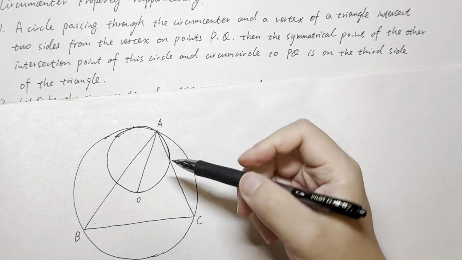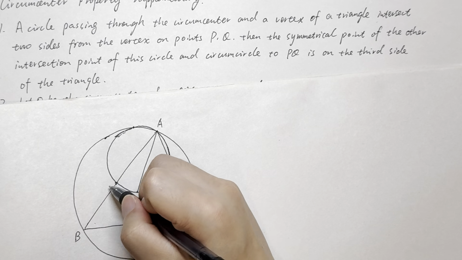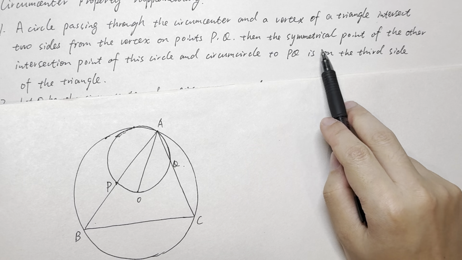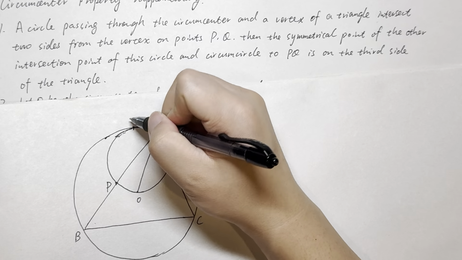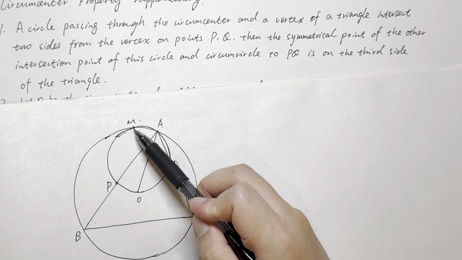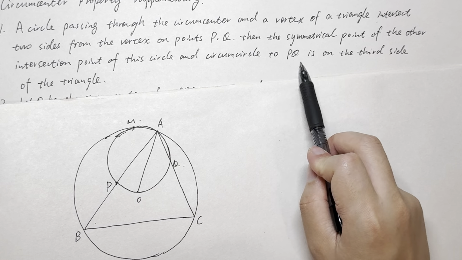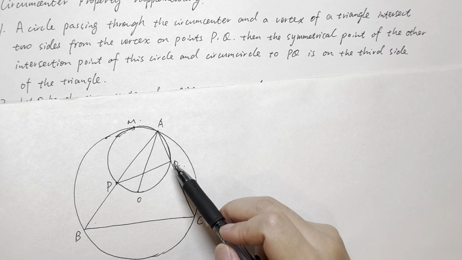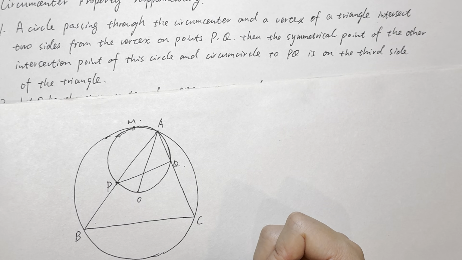So we have this circle intersect AB and AC at P and Q. Then the symmetrical point of the other intersection point, which is this point, let's call it M. It's asking for the symmetrical point of M to PQ, which is on the third side of the triangle.